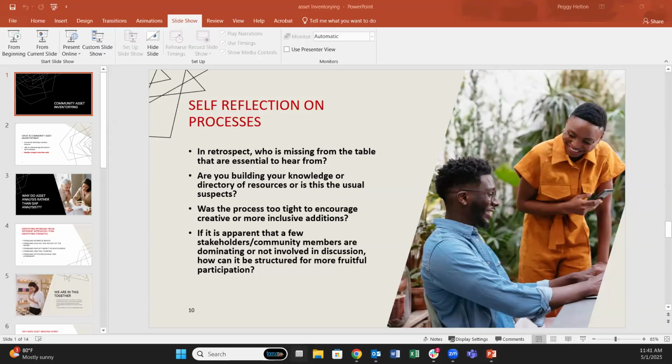If it's apparent that a few stakeholders or community members are dominating or not involved in the discussion, how can it be structured for a more fruitful participation?